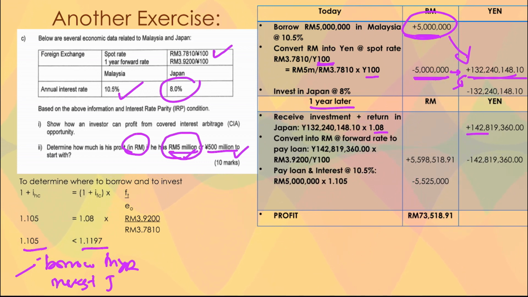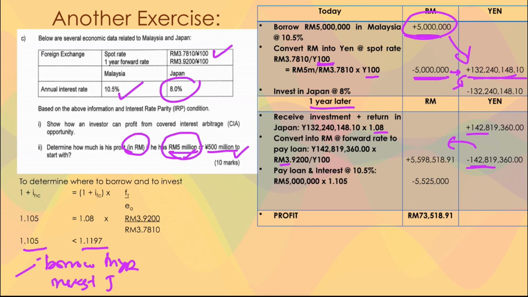And you have to convert back to Malaysia ringgit to pay the loan in Malaysia. How to convert? Japanese yen times RM 3.92 divided by 100. So you will get 5.5 million.